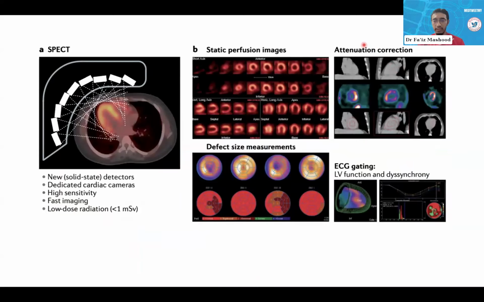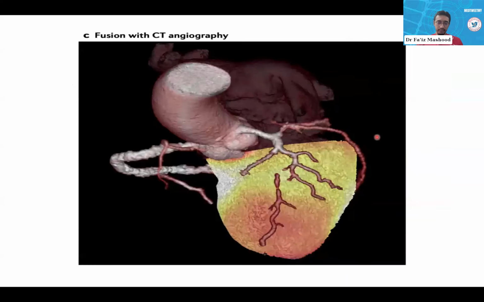Nowadays, we use hybrid scan for better image quality and accuracy, because with SPECT and CT together they can perform attenuation correction, which means they can eliminate soft tissue artifact and produce a better image. There's also an image of 17 segments of the heart to measure defect size. Sometimes in SPECT scan, they can form an ECG gating image to check for LV function and dyssynchrony.